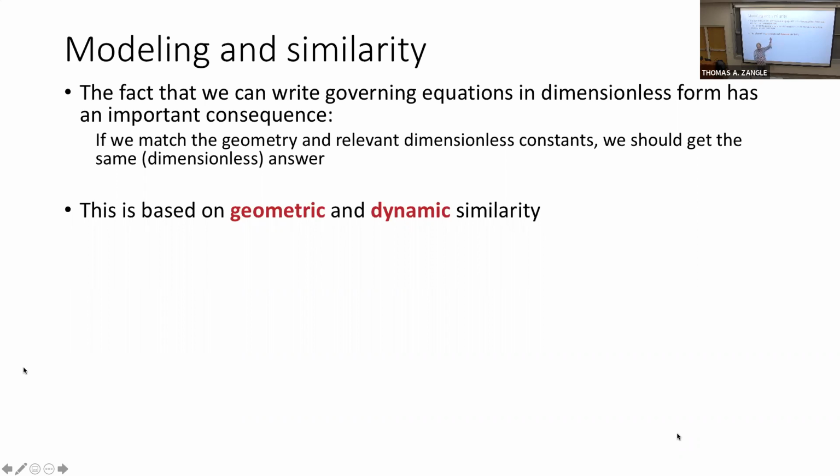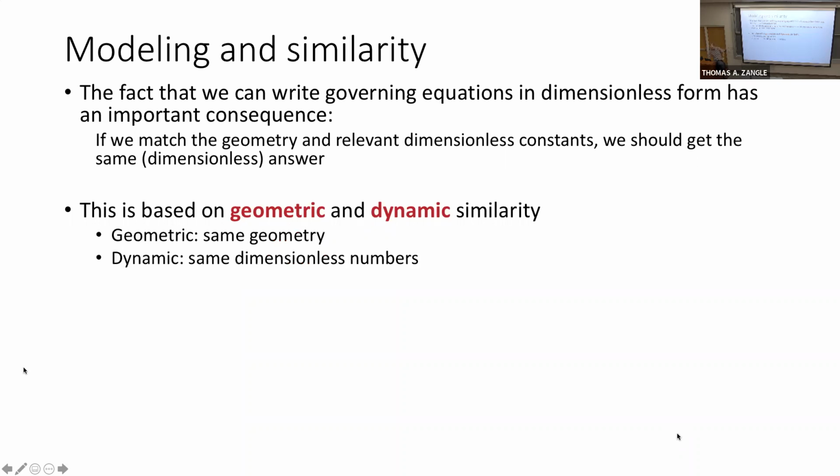So we're building a scale model. And matching the relevant dimensionless numbers, we call that dynamic similarity. If we do this, then we have effective models. So geometric means same geometry, dynamic means same dimensionless numbers.